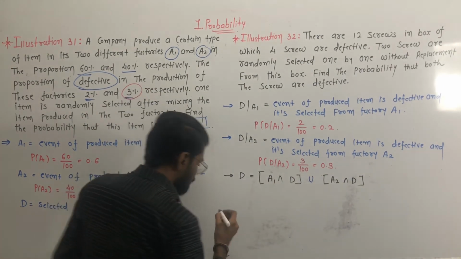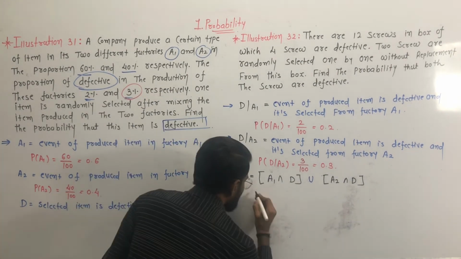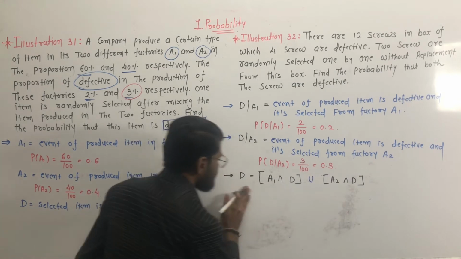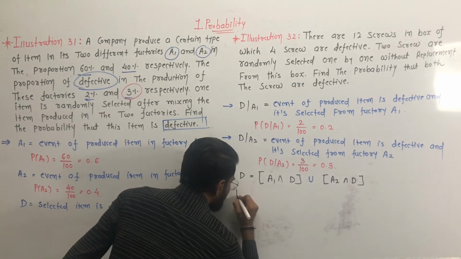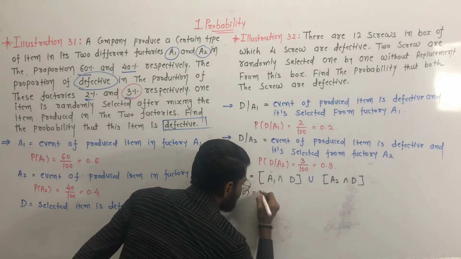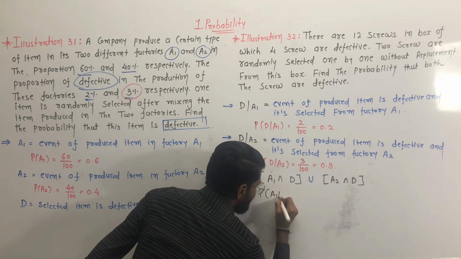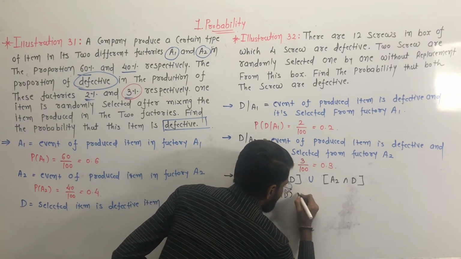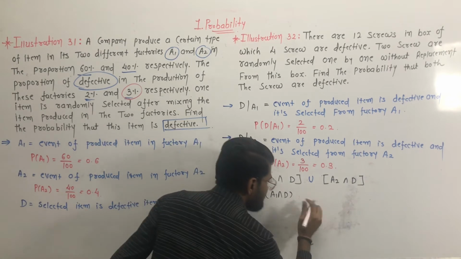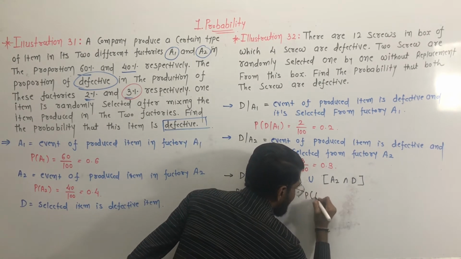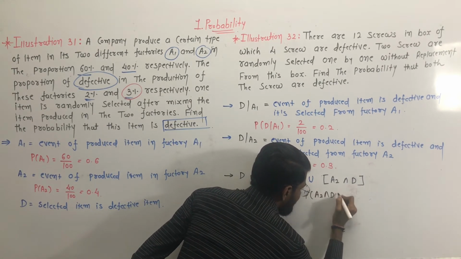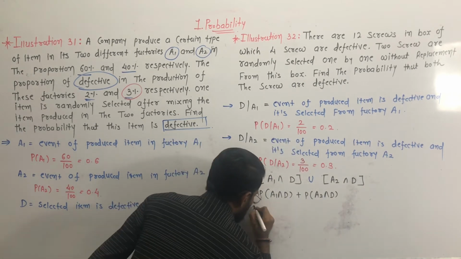Okay, now put the equation. Okay, and this is the event. We have to find the probability of this event, means P of D is equal to P of A1 intersection D, and for the union there is a plus, and P of A2 intersection D. Done? Okay, now put the equation.